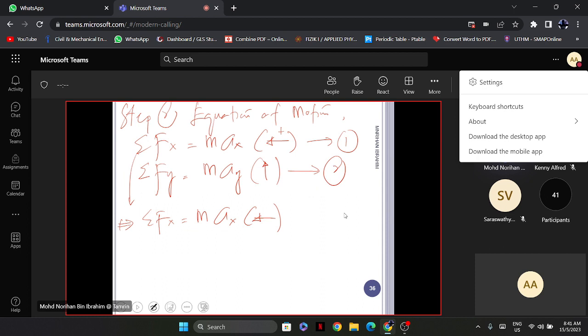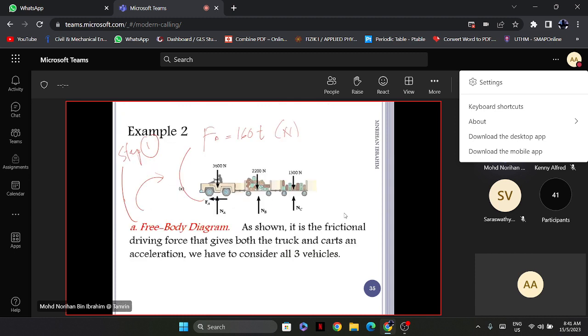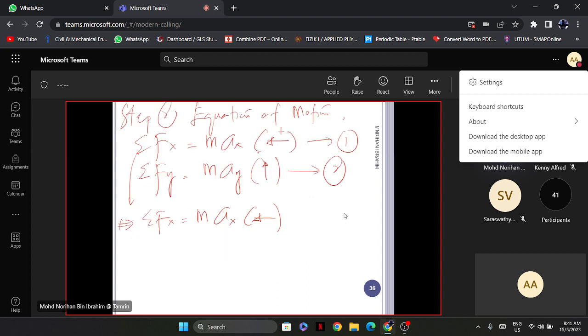We only have this driving frictional force of FA. FA is equal to 160T. So we can write down the equation of FA. What else? No, only one.